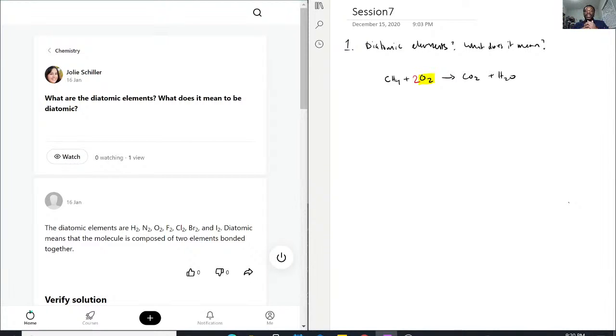The reason I'm bringing this up is because the coefficient, the number in front, is not what makes a diatomic element. If you look closely, it's actually the subscript after the element, which identifies it as diatomic. Now, this is where we focus on the part that says di, not D-I-E. Di, I believe from Latin or Greek, as a prefix typically means two.